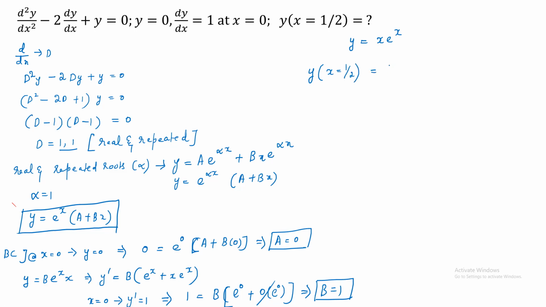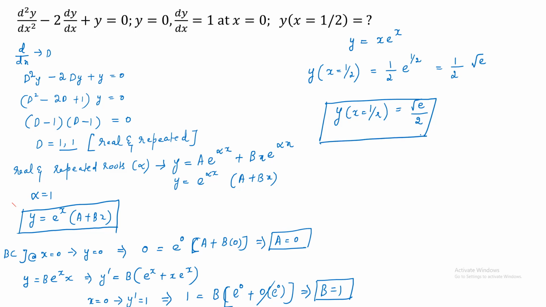At x is equal to 1 by 2, we get 1 by 2 e power 1 by 2, right? e power 1 by 2 can be written as root e, right? So at x is equal to 1 by 2, the value of y will be root e by 2. So this is the final answer.